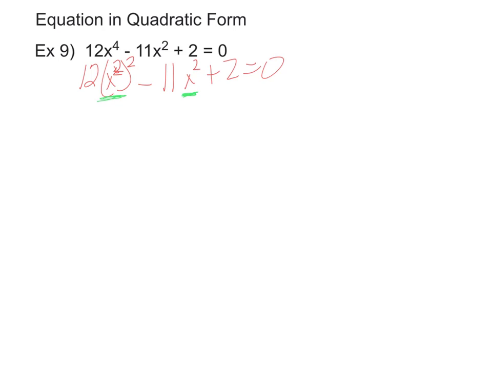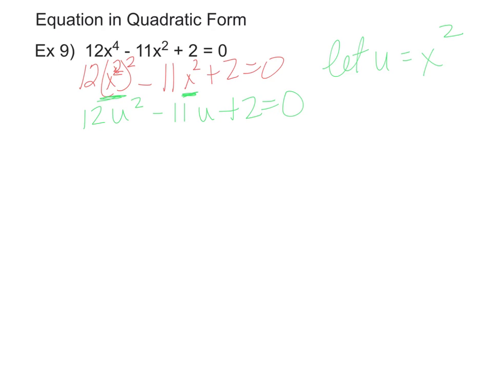And when you do a substitution, we are going to let u equal x squared. So we're going to replace that. So we actually have a 12u squared minus 11u plus 2 equals 0. Now it looks like a quadratic that we're used to. And that's why you do it. That's what in quadratic form means: a squared term, a regular term, and a whole number. We just go through this and we factor.